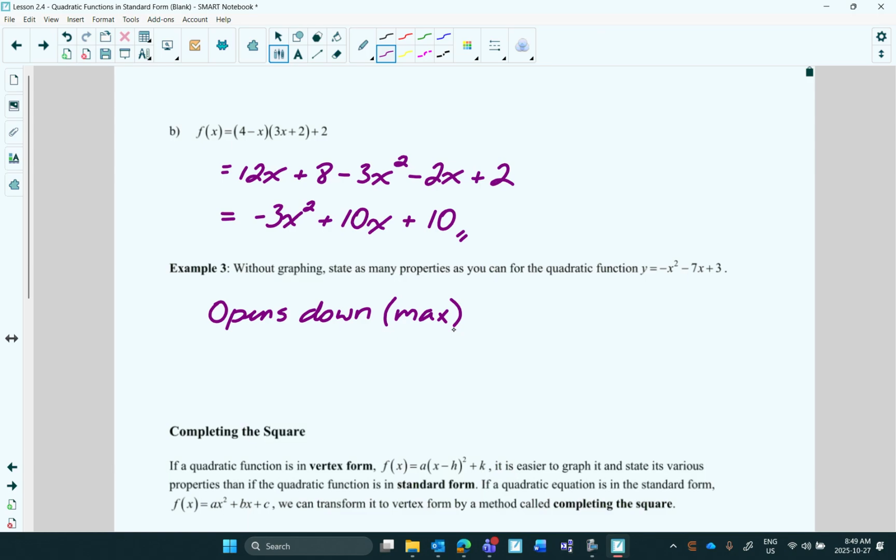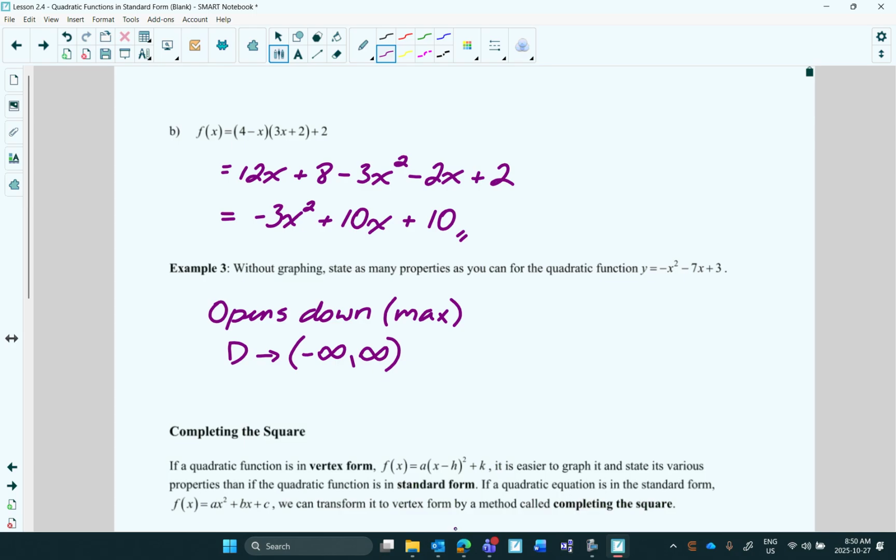Can you tell me the domain? Negative infinity to infinity. It doesn't matter what form it's in, domain is always this. Range? No, because I need the vertex to help me, right? I need to know where does it top out, but I don't in this form.